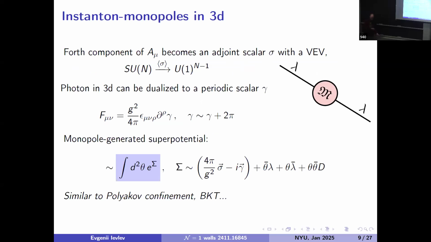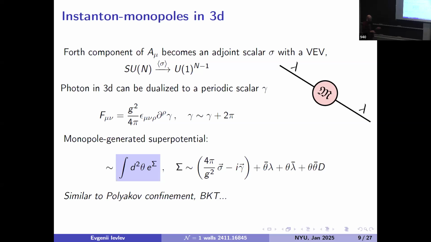Of course, in Euclidean theory, it doesn't matter what's the time dimension, but for the sake of argument, let's say that we compactify that time dimension, the other three dimensions are free. And also you do the compactification in a supersymmetric way. So it's not a thermal compactification where you would use different periodicity conditions for bosons and fermions. All the fields are periodic, otherwise you will break supersymmetry.